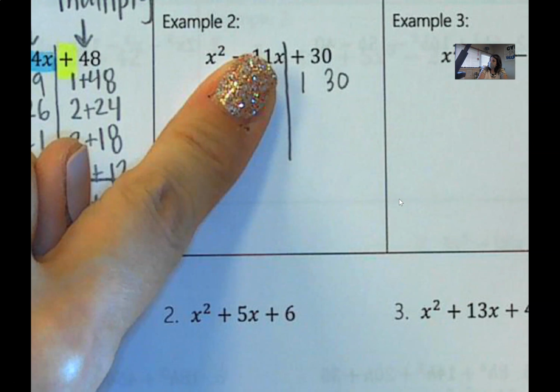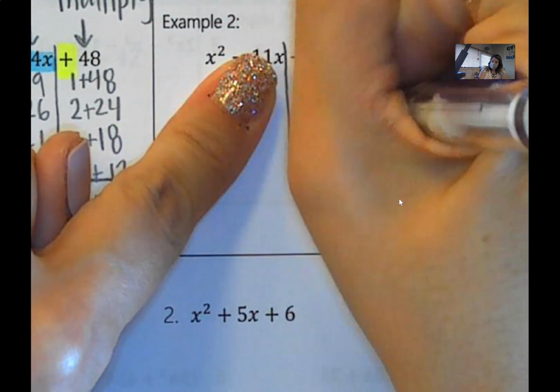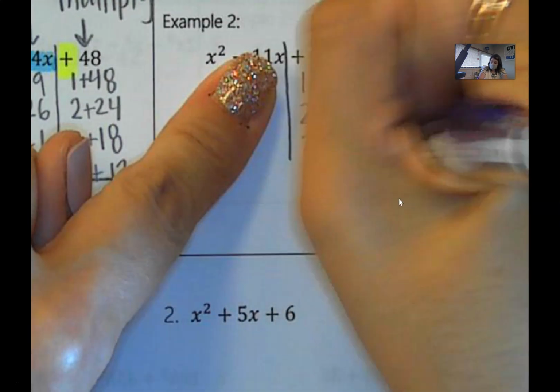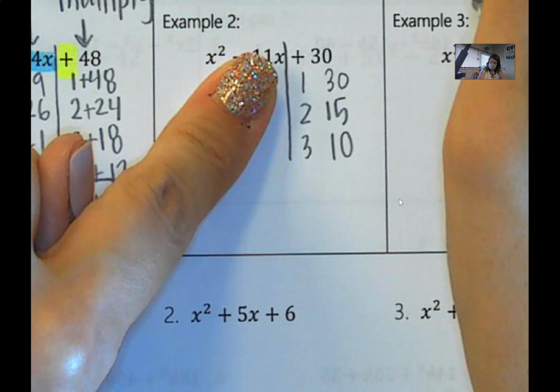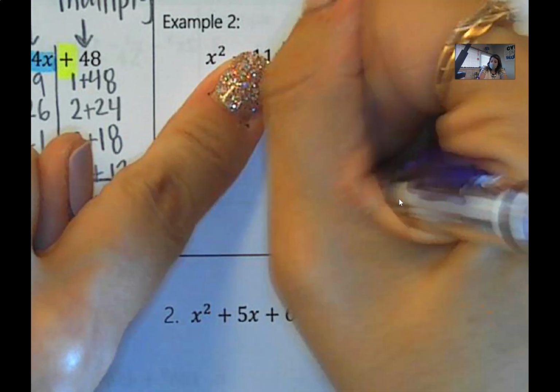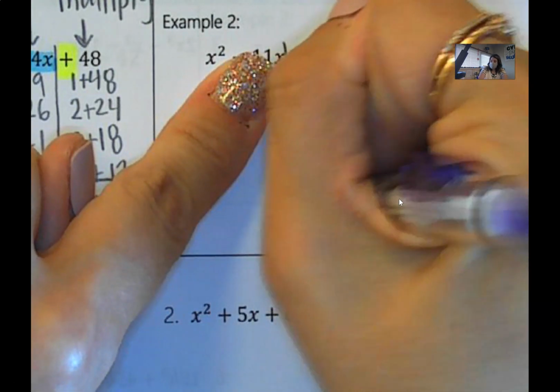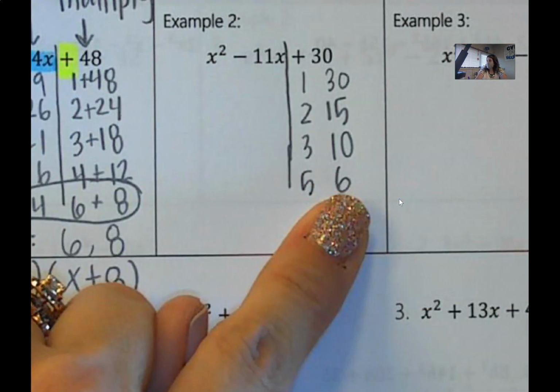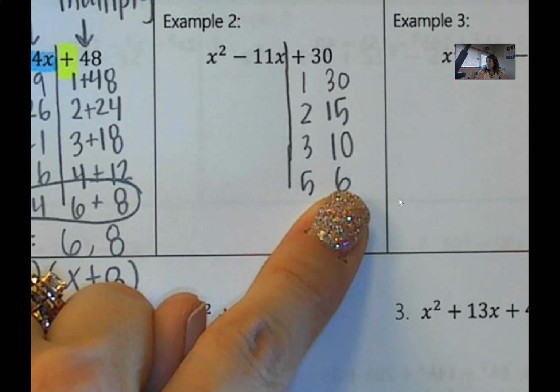Then I check 2. 2 and 15. Then I check 3. 3 and 10. Then I check 4. It does not work. I check 5. That works. It's 6. And we end because 6 would be the next number that you check.